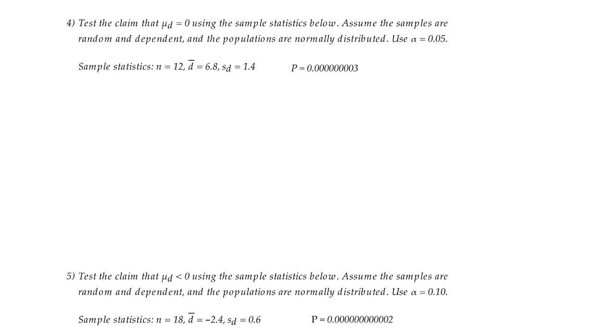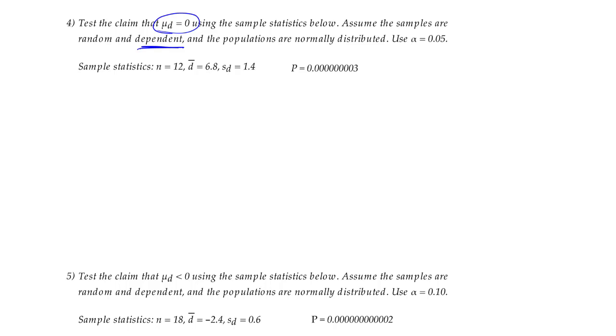Okay, in this one we're still doing two samples, but here the samples are dependent. And what we're really looking at is the difference between those paired samples, between the paired entries in these paired samples. So that's why we're talking about the mu d, the mean of the differences.